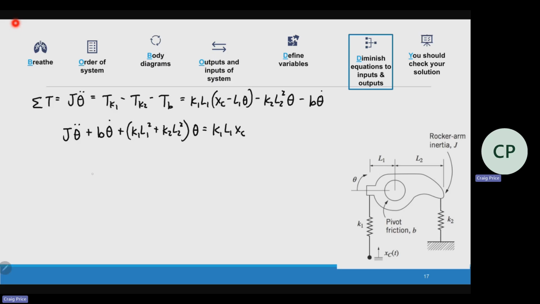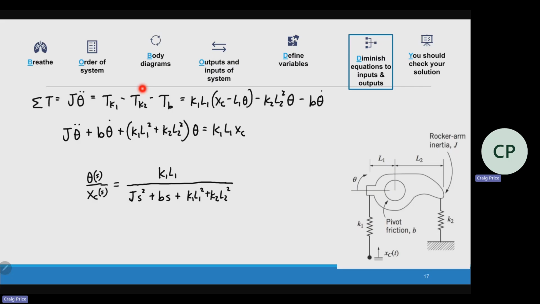So if I wanted to get output theta over input, I change all the dots to S's, and I get K1 L1 numerator over J S squared plus B S plus K1 L1 squared plus K2 L2 squared. That is my second order transfer function.